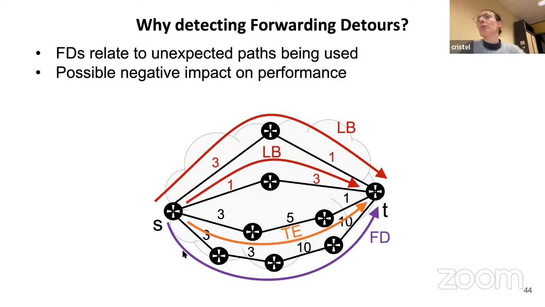It can also happen for other reasons, for example a router that had a bug and is dropping some of the routes, some of the announcements. It can have a negative impact on performance because it's not the shortest IGP cost, so we assume it's not the desired path from the ISP. Of course, when it's traffic engineering, it's desired, but in some cases it's not traffic engineering.